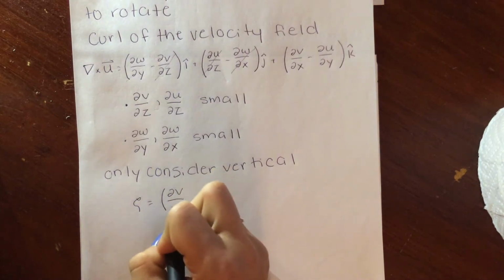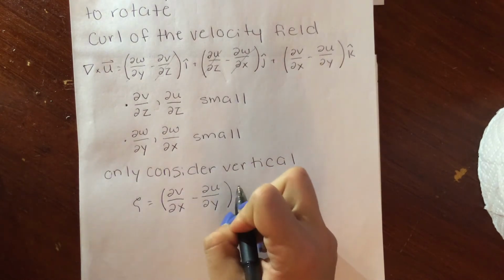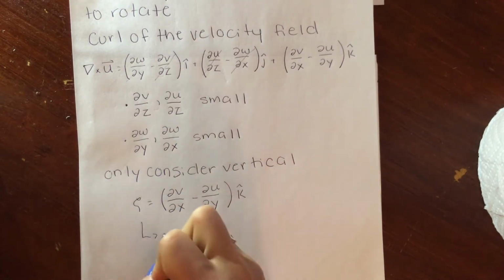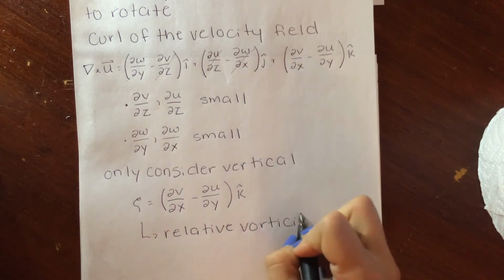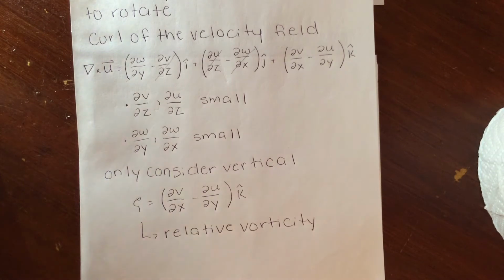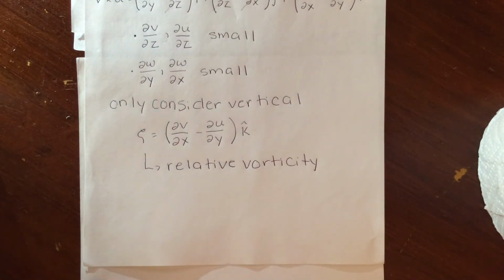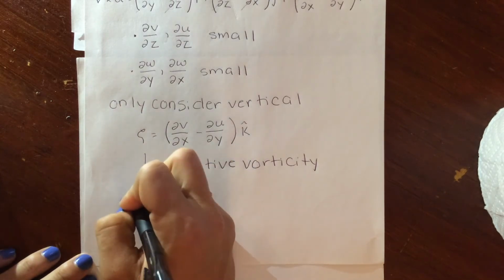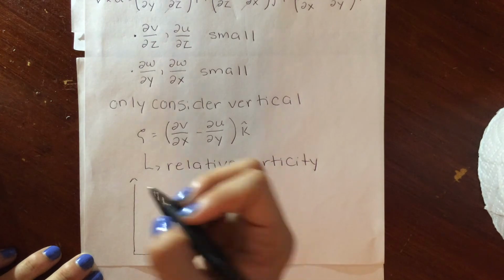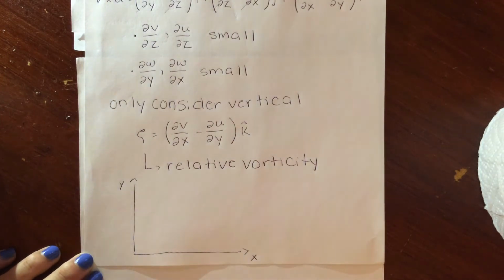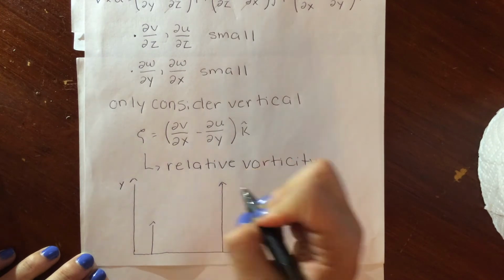We call this relative vorticity, and we use a funny looking symbol, zeta, to represent it. To picture this concept of relative vorticity, imagine you have a gradient in velocity in the x direction, so that velocity is getting larger with x.